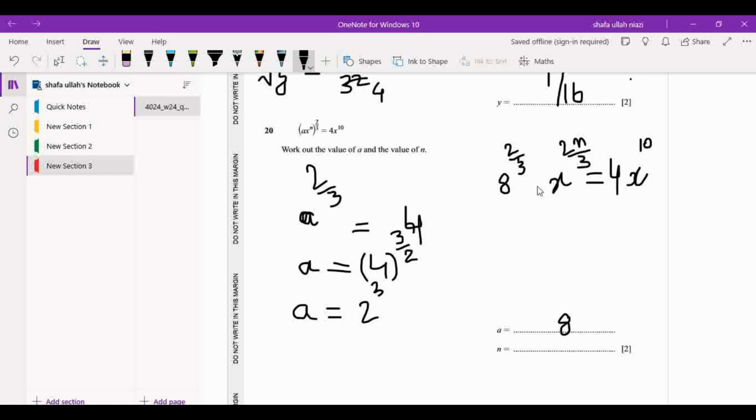So 4 is cancelled with 4. We get x power 2n over 3 is equal to x power 10.